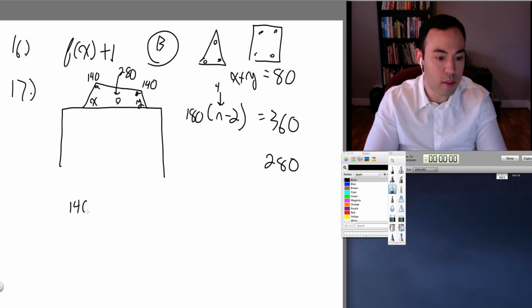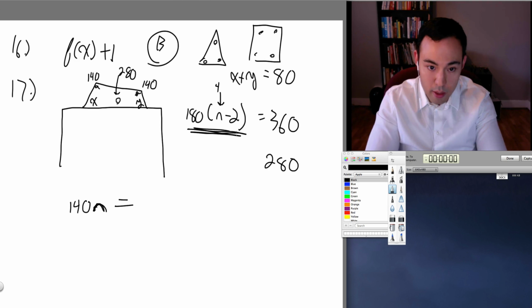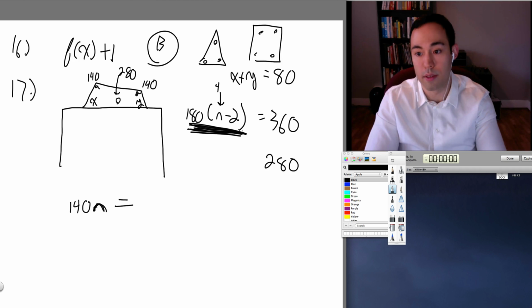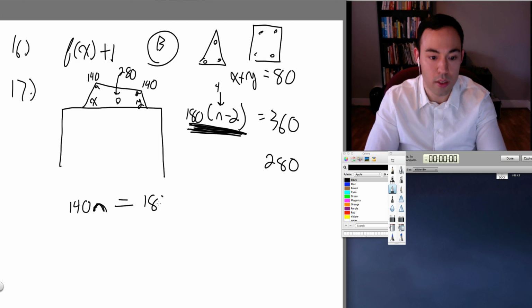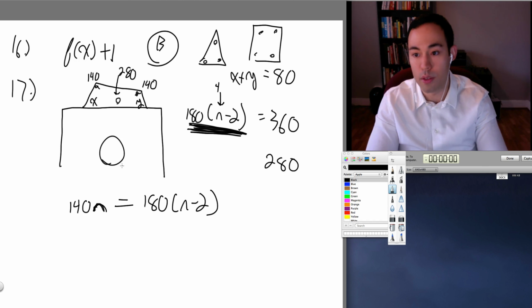So that lets us know that 140 multiplied by the number of angles in the entire shape has to equal, ta-da, 180 times n minus 2, because that's also the measure of all the interior angles.